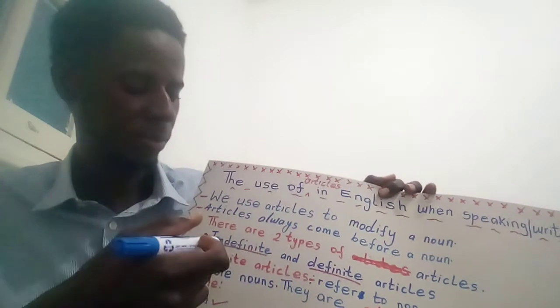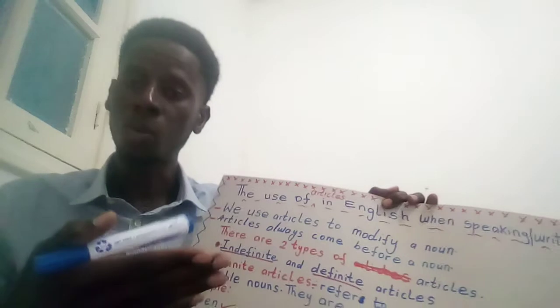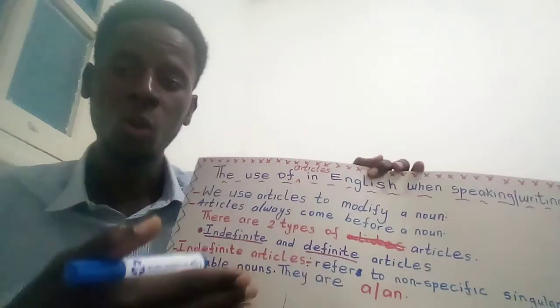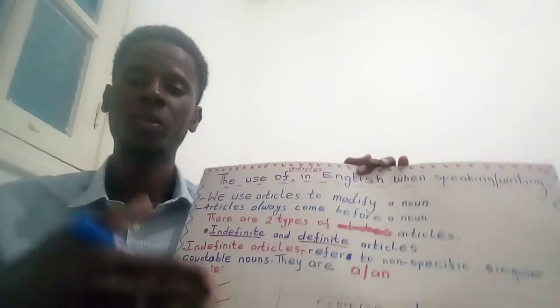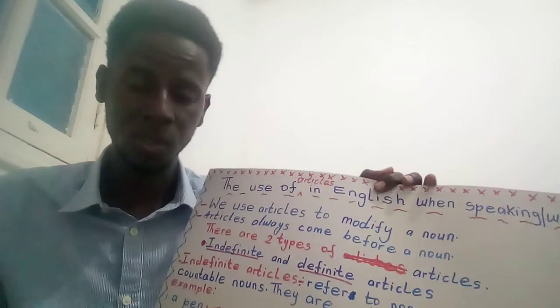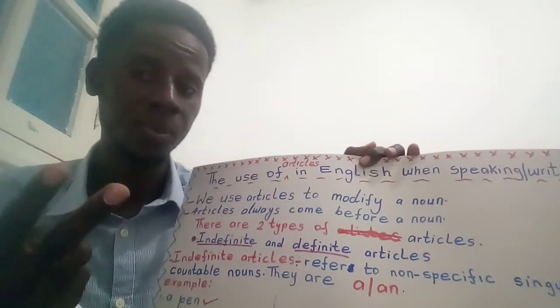And then articles always come before a noun. Okay. And there are two types of articles.